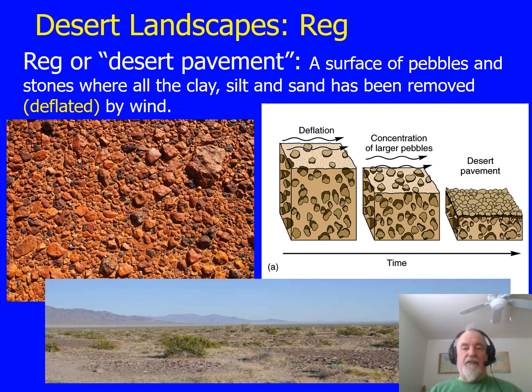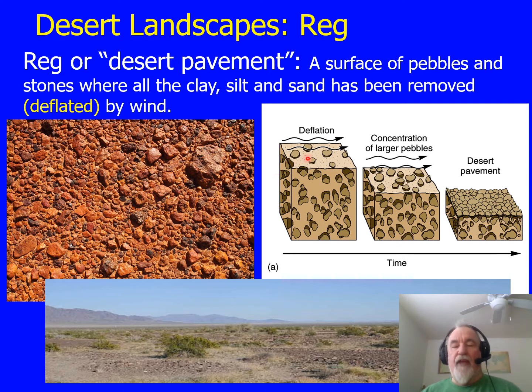Another desert landscape we see, very much more common, is referred to as reg, or desert pavement. And you can see in the image over here on the left that it's kind of a stony surface. And what's missing? Well, sand. So what's happened in this case is that wind has blown over a surface that contains sand and pebbles and gravel, etc. The wind has been strong enough to remove, or deflate, keyword there, deflate, the sand grains.